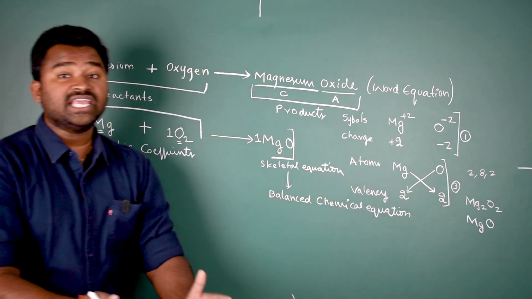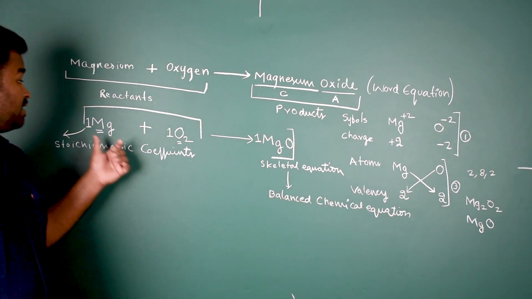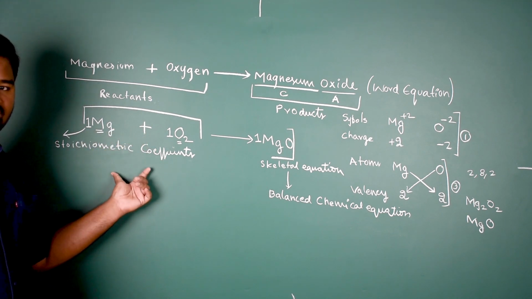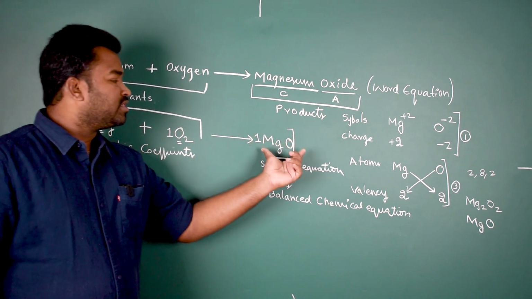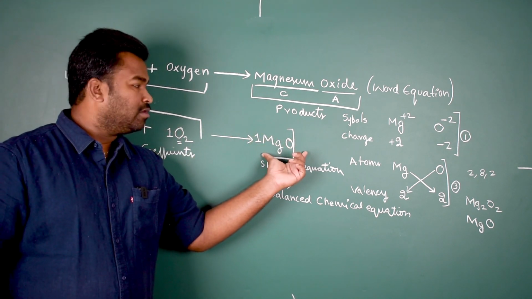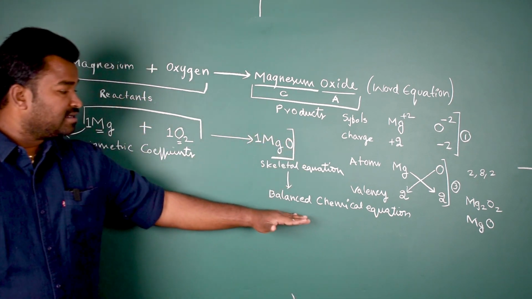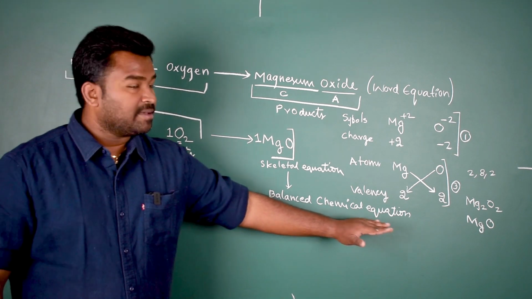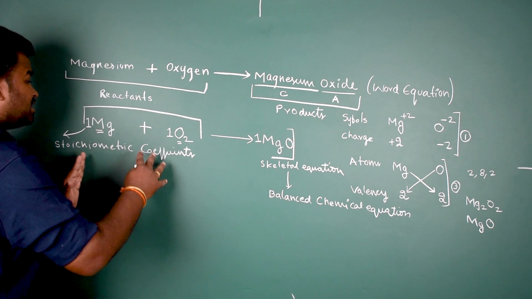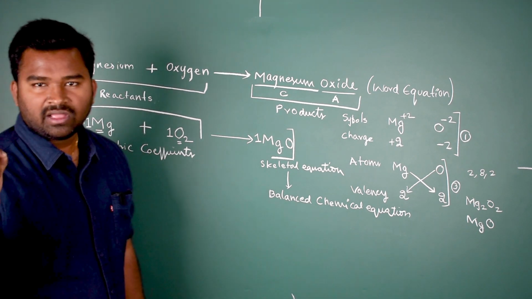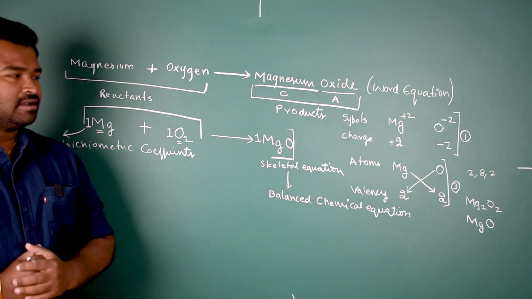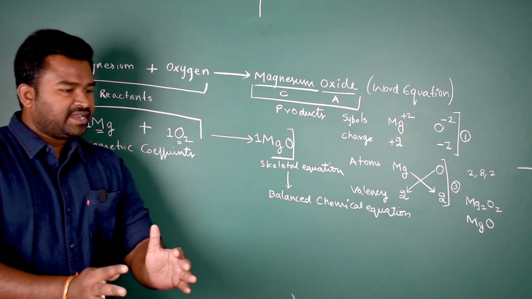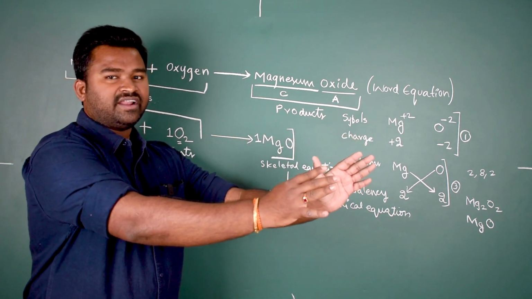A balanced chemical equation tells you that the number of atoms participating on the reactant side must be equal to the number of atoms formed on the product side. That will be ensured by balancing this chemical equation. Indirectly, this chemical equation is following a law. Can you guess what exactly that law is? Here, the number of atoms participating should be the same as the number of atoms coming out.